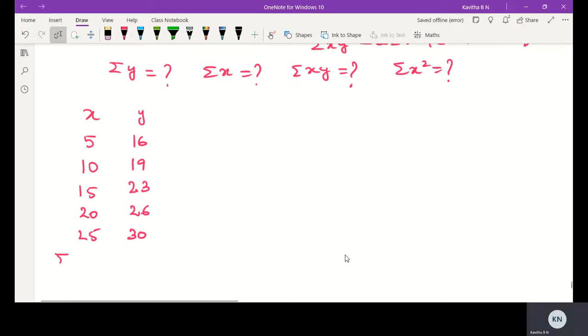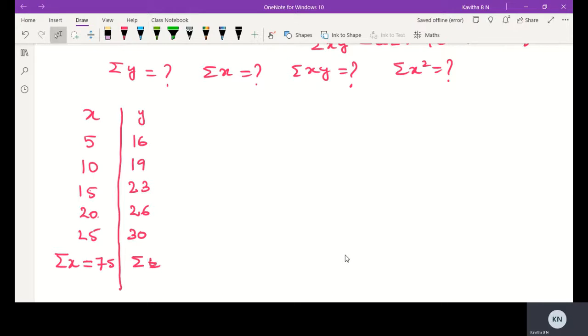Then use the calculator and find the summation of x. 5 plus 10 is 15, 15 plus 15 is 30, 30 plus 20 is 50, 50 plus 25 is 75. Summation of x is equal to 75. Then summation of y: 16 plus 19, plus 23, plus 26, plus 30.